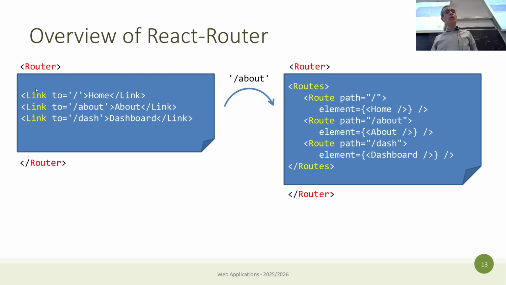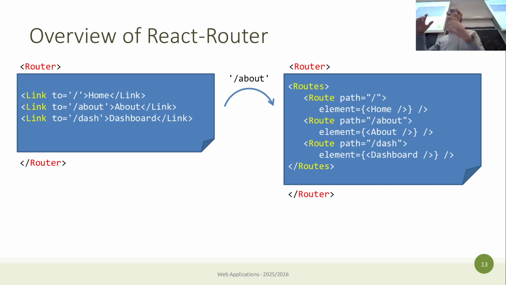And that's achieved, as I told you before, with the Link tag. Link to, that's an attribute, /about, /dash, and so on. And this creates an actual link in the DOM tree, so it's shown as a real link in the browser window. You click on it, but the router intercepts this click, and it doesn't reload.